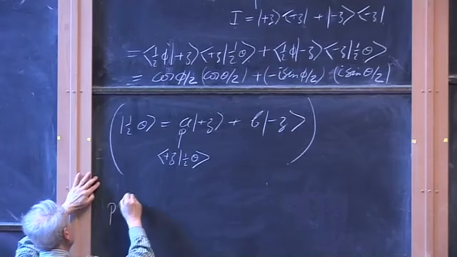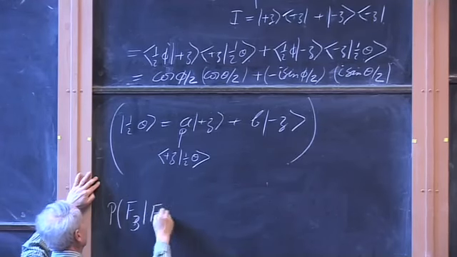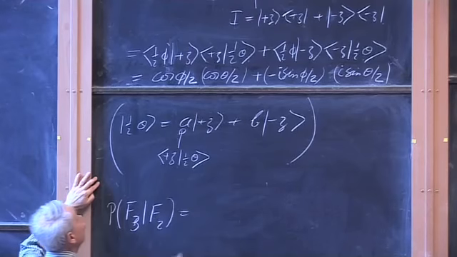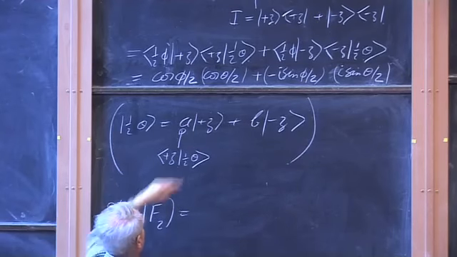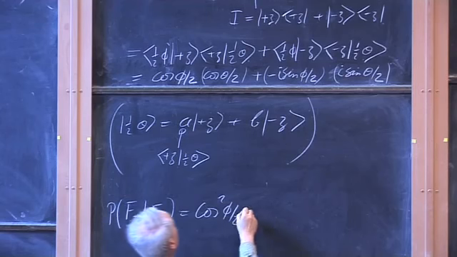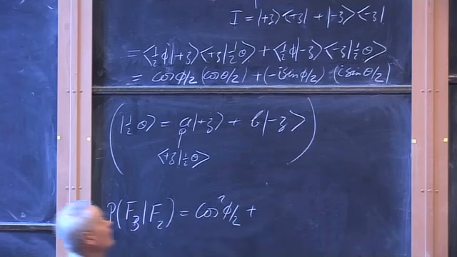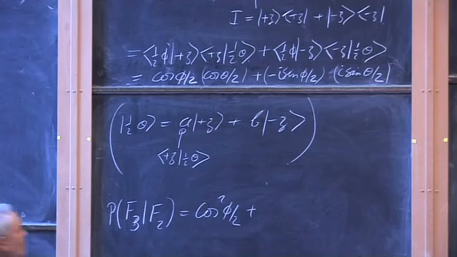So the probability that we get through F3, given that we got through F2, is going to be cos squared phi over 2 plus, because that minus sign and that i and the pair of i's make a plus sign, sine squared theta over 2.